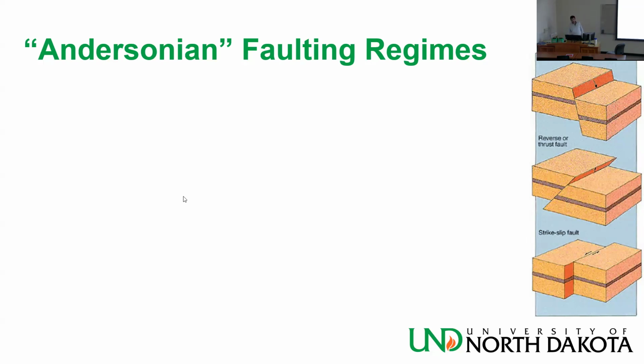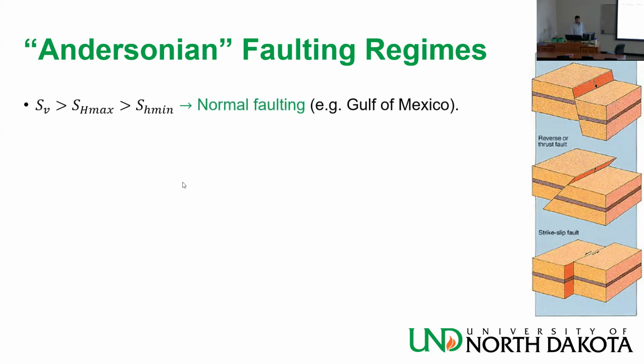The first one is SV bigger than SH max, which is bigger than SH min, and we will call that the normal faulting stress state.